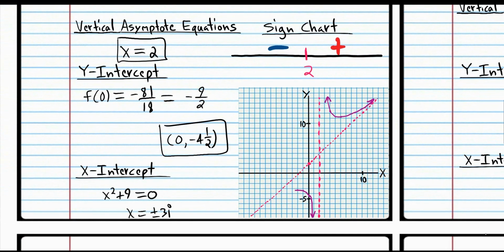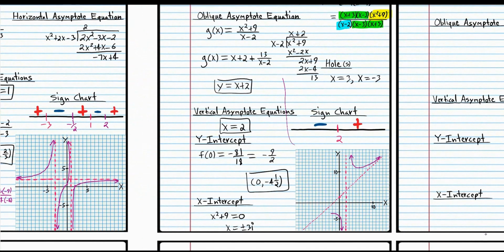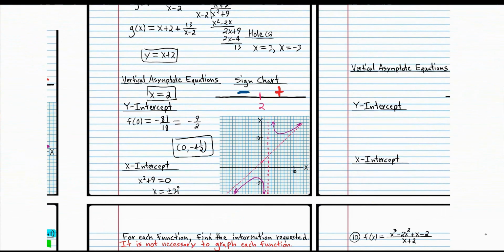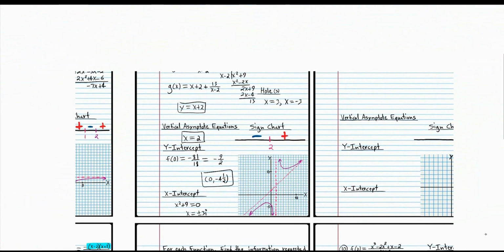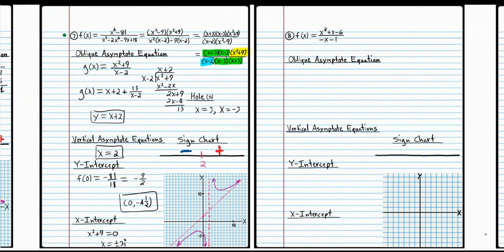Let's plug in negative 3. Then we get 18 divided by negative 5, which is negative 3.6. And we can just keep going on and on, but the graph is going to look something like that, as long as you understand the main idea. The graph doesn't have to be perfect.